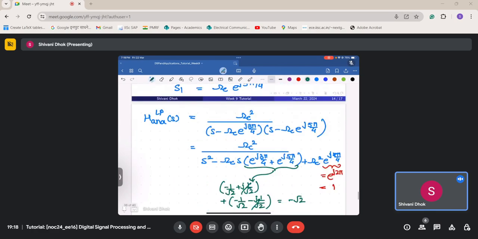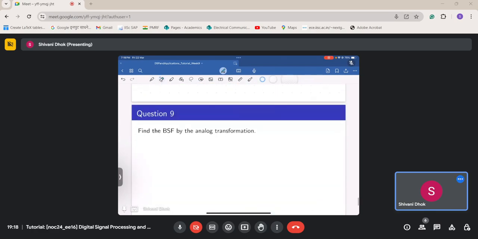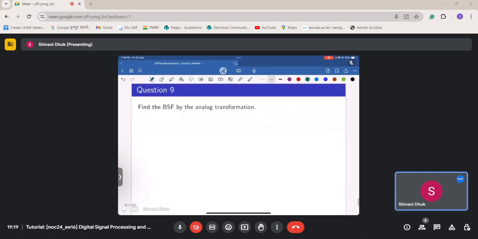Now let us go on to step 7, the analog transformation, to get our band stop filter.